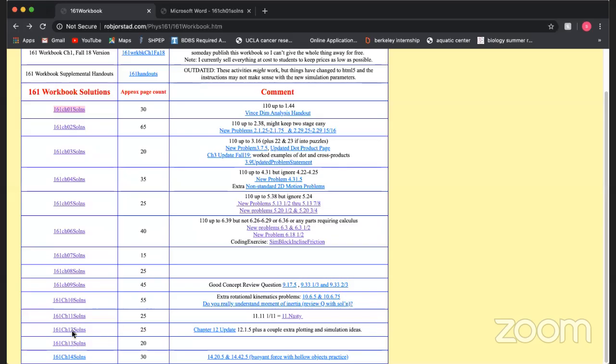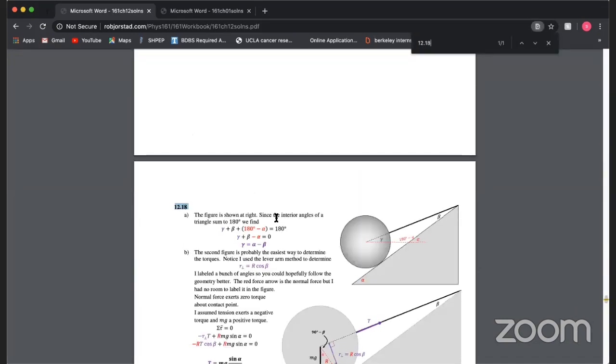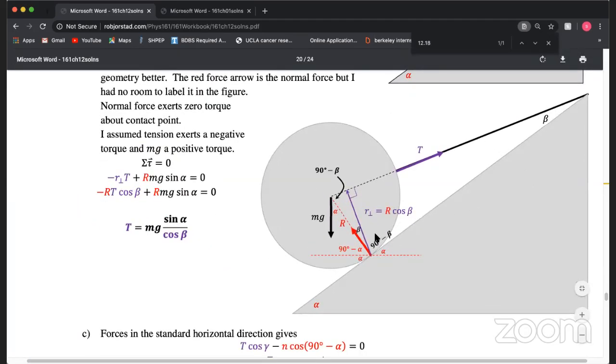So that was 12.18. Yep. So wouldn't this right here make 90 degrees? Yes. I tried to say that, but I probably did a bad job. Sorry about that.